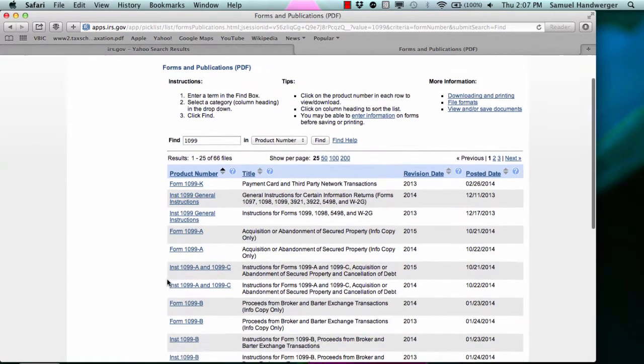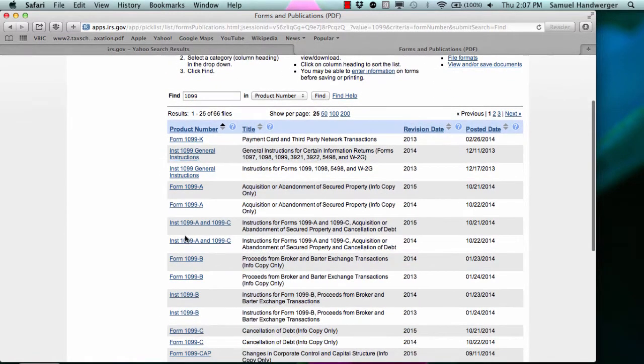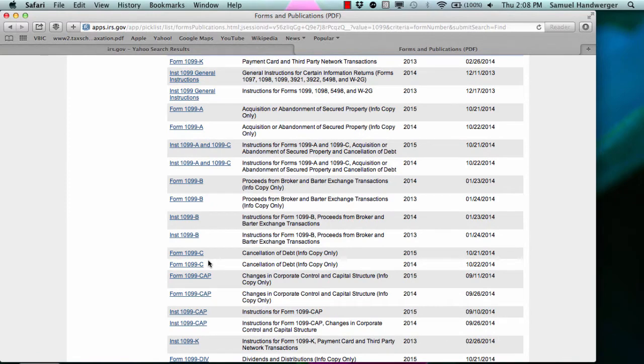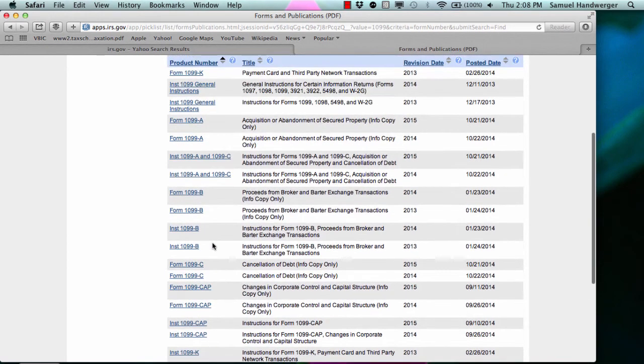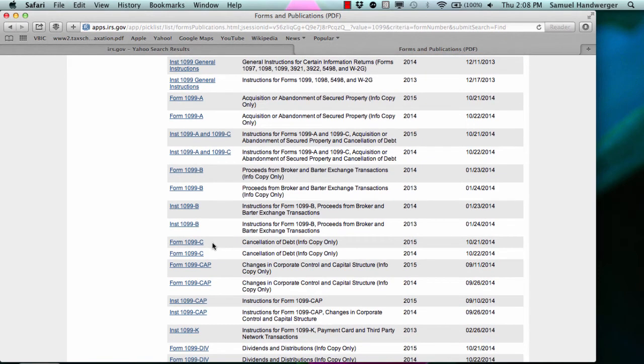There's an A, there's a B, there's a C, there's a CAP. And these forms are telling the IRS lots of different tax information that helps the IRS match up whether or not a particular taxpayer is reporting all of their income properly or all of their tax transactions properly.